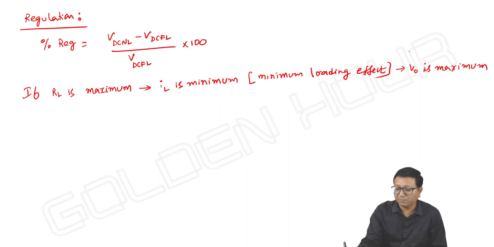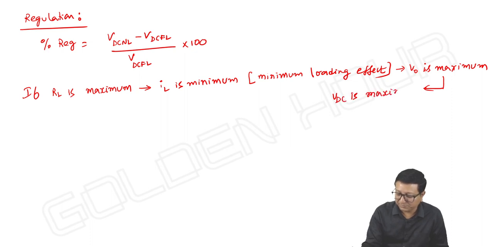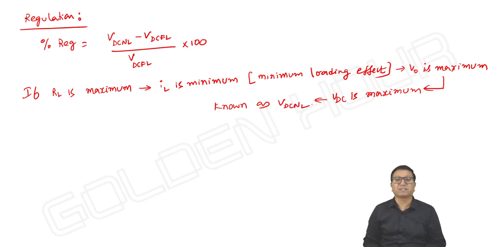Output amplitude will be maximum. If V0 is maximum, obviously VDC will be maximum. So when RL is maximum, we can see maximum VDC. That DC is known as VDC no load. Minimum loading effect, no loading effect, I can say.